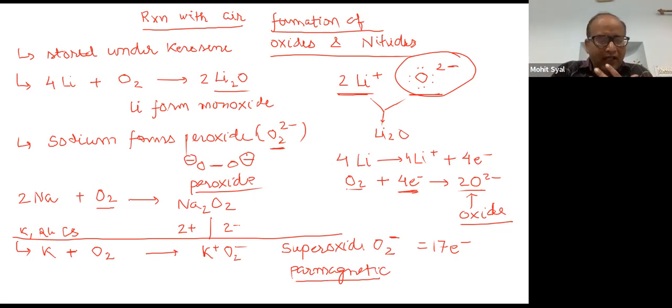Because of this unpaired single electron, they will behave as magnets, they will be attracted by a magnetic field. So you can write paramagnetic, PARA. Paramagnetic means the substance is magnetic in nature, attracted by the magnetic field.